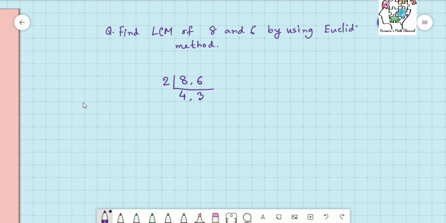So the LCM will be, now we multiply all these numbers, that means 2 times 4 times 3. The bottom numbers are 4 and 3, and the left side number is 2. So 2 fours are 8, 8 times 3 is 24. So this is the LCM. In this way we can find any LCM.